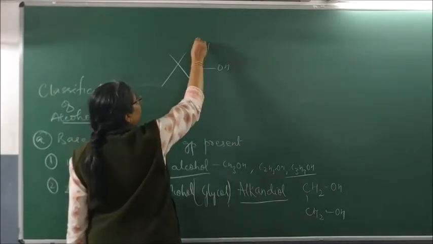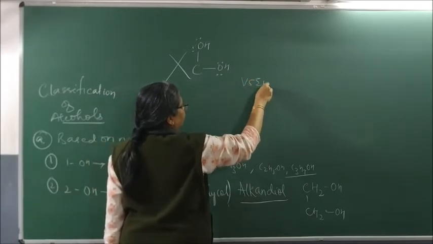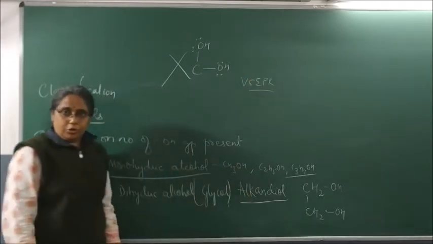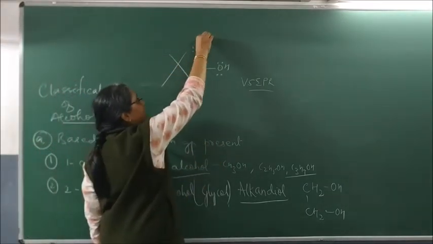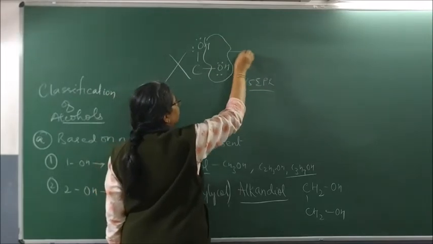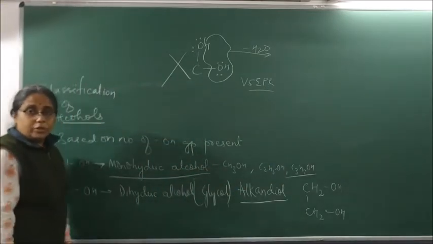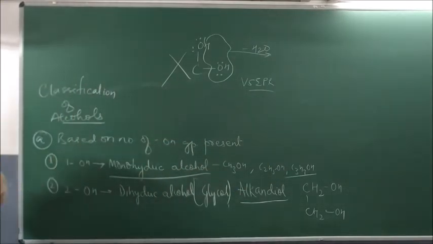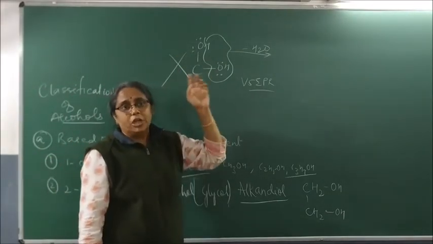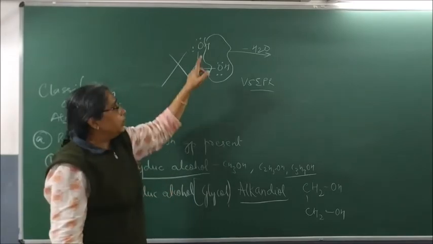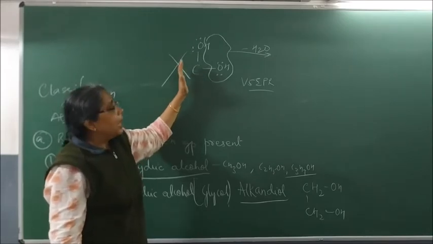According to VSEPR theory, there is lone pair repulsion, and the molecule becomes unstable and immediately loses a water molecule. So the first rule in dihydric alcohol is that the two OH groups should never be attached to the same carbon atom.